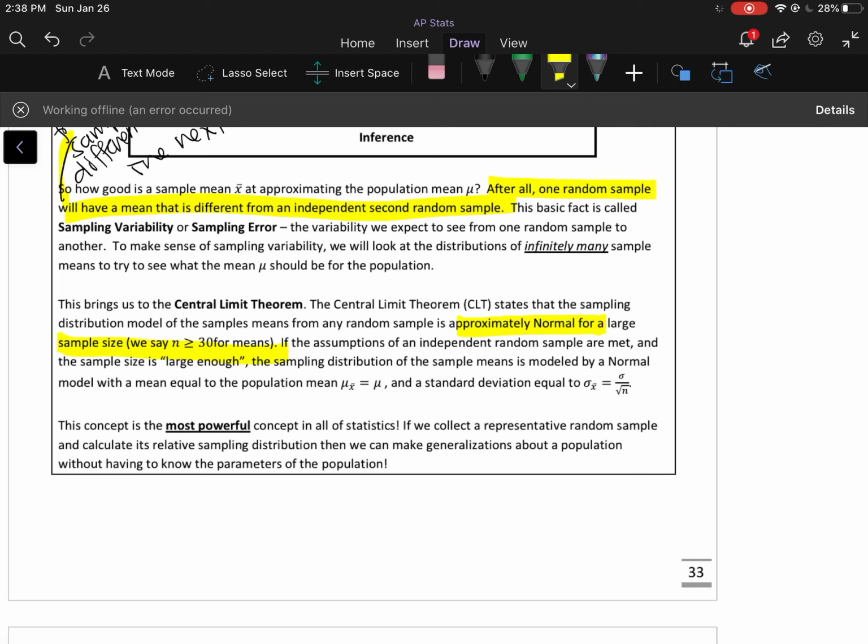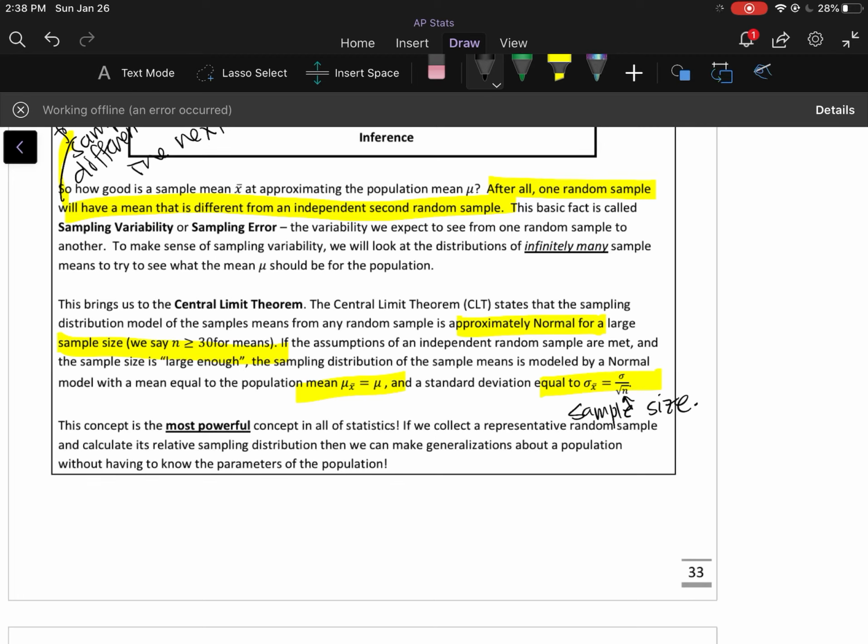If the assumptions of independent random samples are met and the sample size is large enough, the sampling distribution of the sample mean is modeled by a normal model with a mean equal to the population mean and a standard deviation sigma x bar, which is equal to sigma over the square root of n, where n is our sample size.